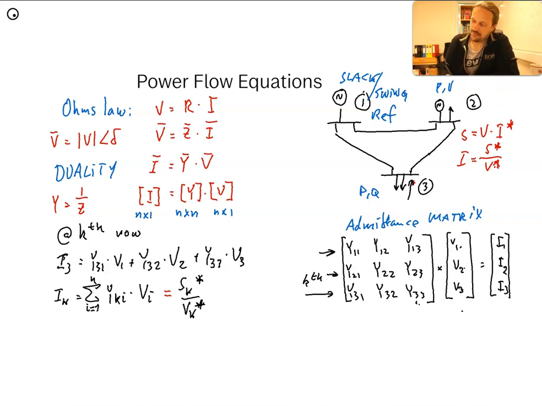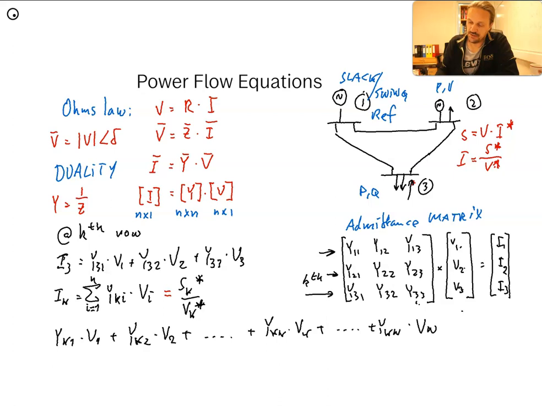So what you're looking at then is that you have an expression here, which is YK1 times V1 plus YK2 times V2 plus blah blah blah all the way up to YKK times VK, and then even further up to YKN times VN, which then is equal to SK conjugate over VK conjugate.